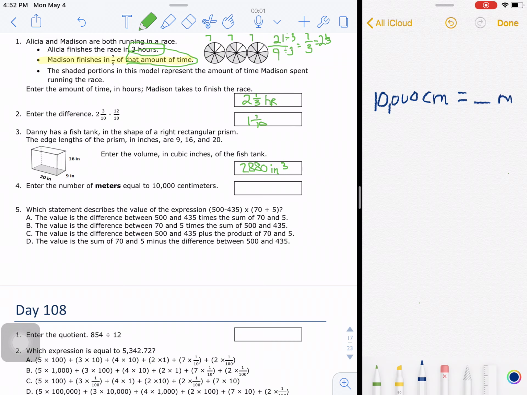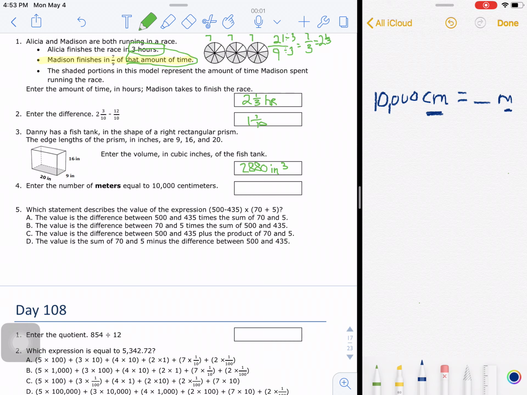Now, as a general rule, when I'm going from a smaller unit of measure to a larger unit of measure, smaller to larger, you're going to divide.